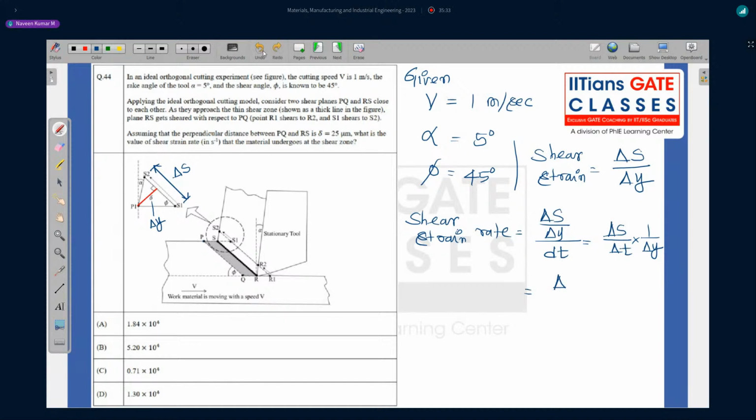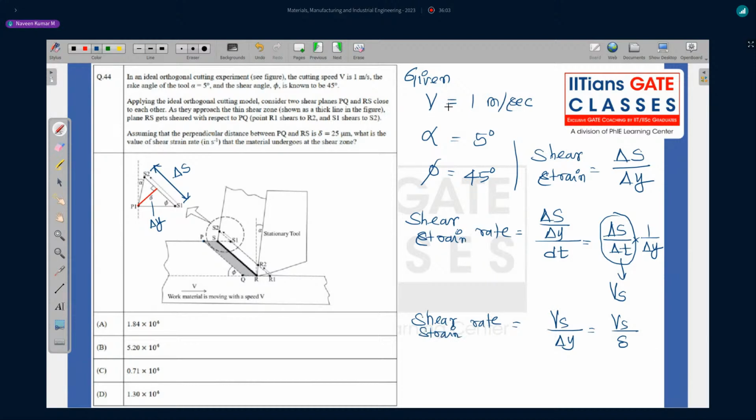The important point to note here is that delta S by t was the shear velocity Vs, the shear happening in that direction divided by time. So it is Vs by delta Y, or in our question, Vs by delta. So shear strain rate is Vs by delta.